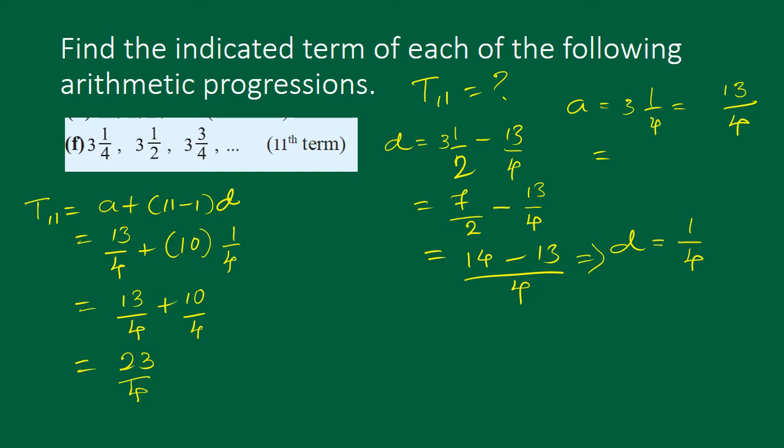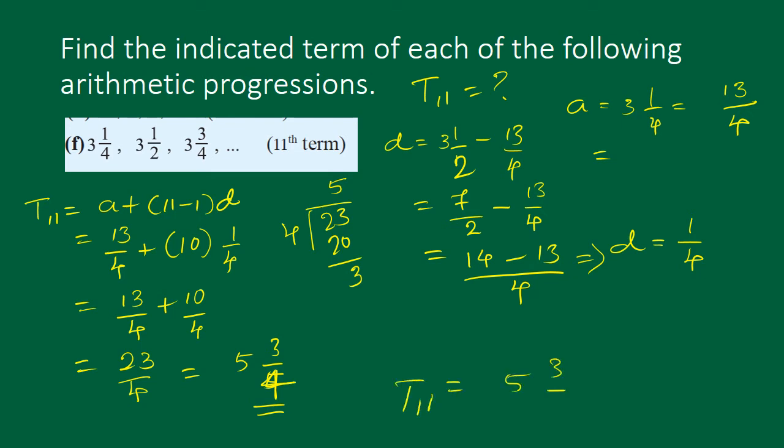You know how to do this. 23, you can divide by 4, right? Then you can write 5 into 4, this is 20, and the remainder is 3. That means this is 5 and 3 over 4. So you can write T11 is 5 and 3 over 4. This is the answer.